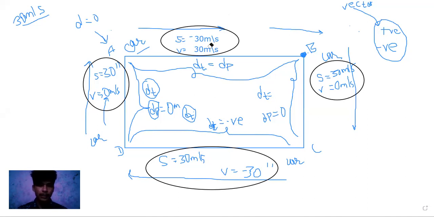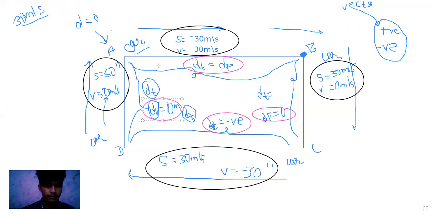Why is this equal to dt and dp? Why is dp equal to 0 here? You should know this. Why is dt negative here? You should know this. And why is dp 0 here? In the two conditions, right and left, the dp will be 0.